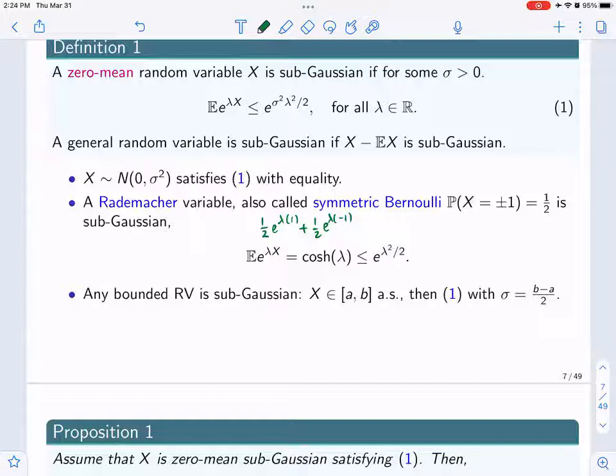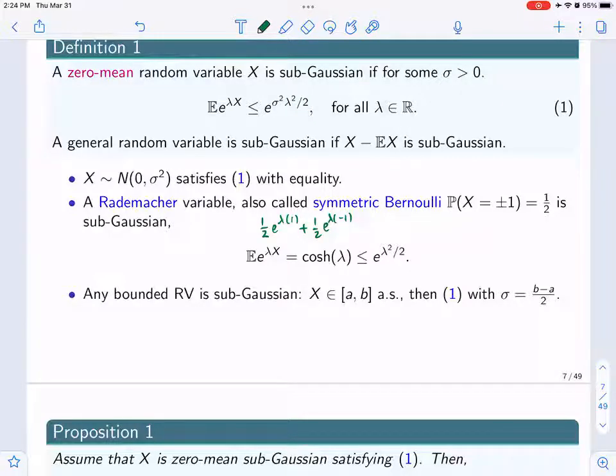So the subgaussian parameter is a little bit fluid. Not necessarily the smallest possible, but this is a good one. You can get it with larger values, let's say b minus a, for example. To get it with this, you have to do a little bit of work. Maybe you'll do it in the homework problems, but it's non-trivial.